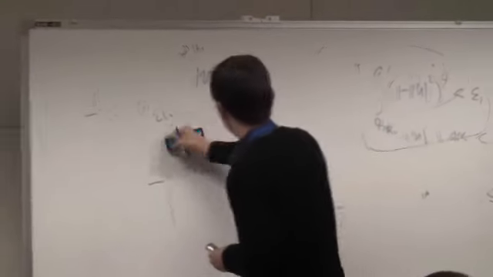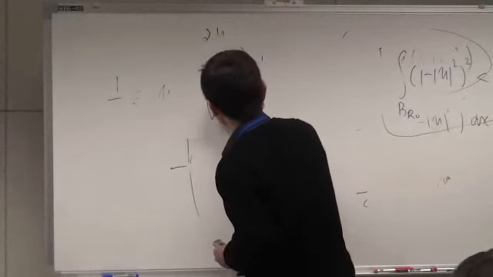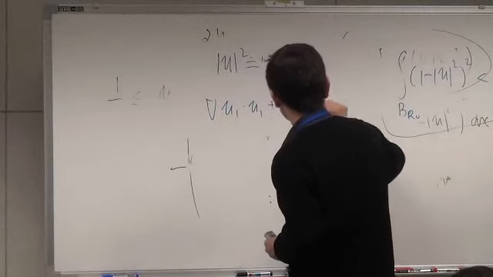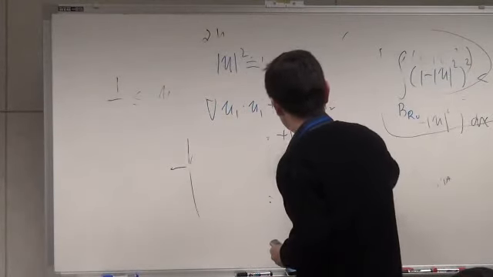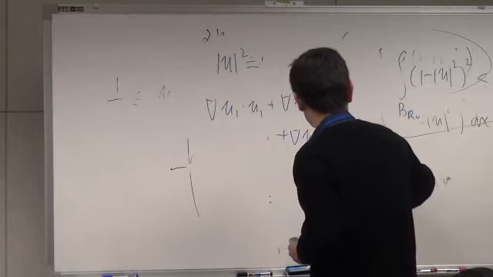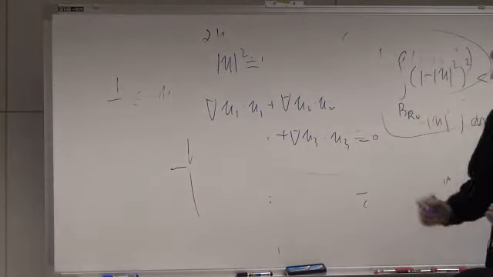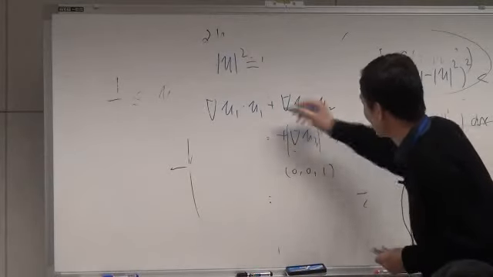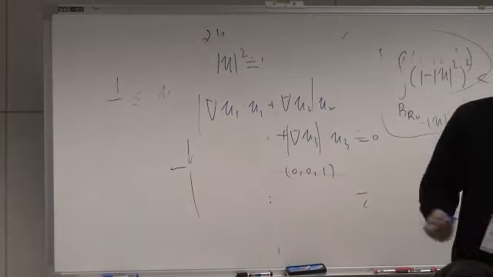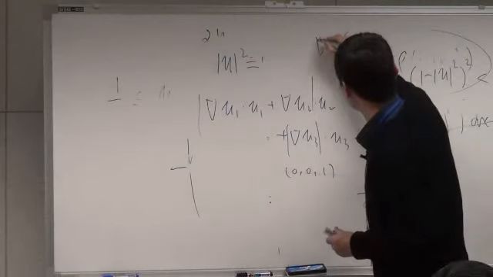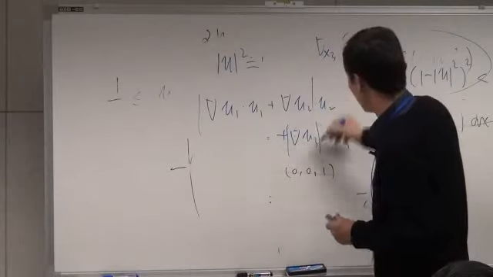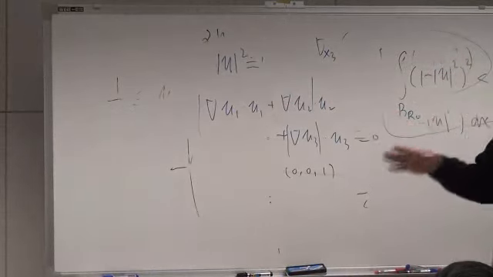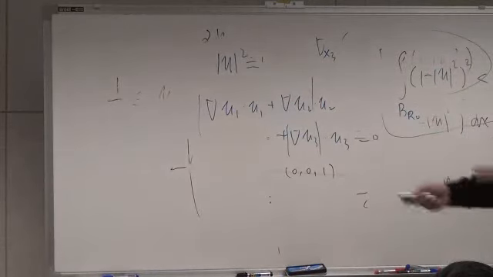Then you differentiate, and you get u·u1 plus u·u2 plus u·u3 equals 0. So if u3 becomes (0, 0, 1), this derivative you can control by the first two. Then the third one, you can control it by Z. It doesn't matter whether the system is elliptic or not, you still can do the L^p estimate. So that solves the problem.